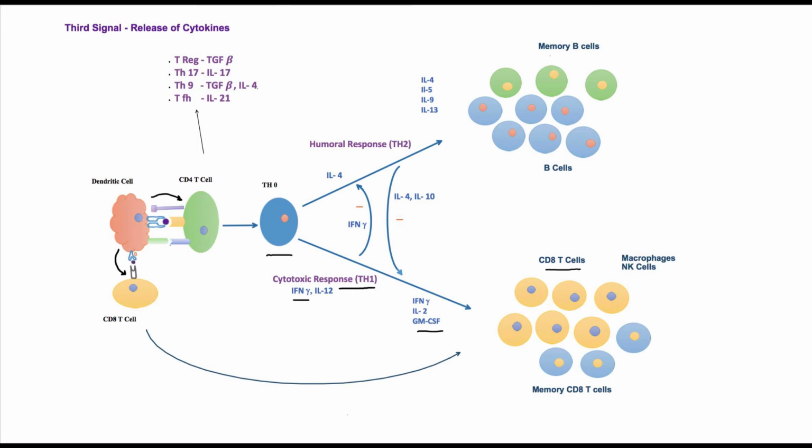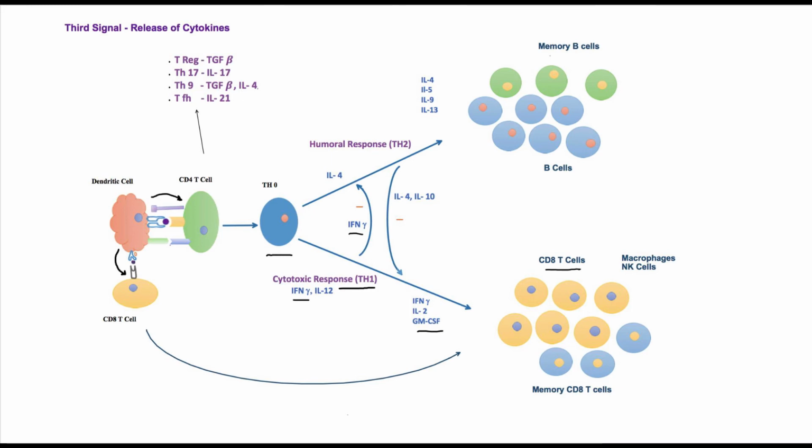Cytokines that mediate the Th1 type response also have inhibitory effects on the Th2 type response, which is mainly the antibody-mediated response. So the cytokine interferon gamma that mediates the Th1 type response also has an inhibitory effect on the Th2 response. This does not mean that antibodies have no role in viral infections.